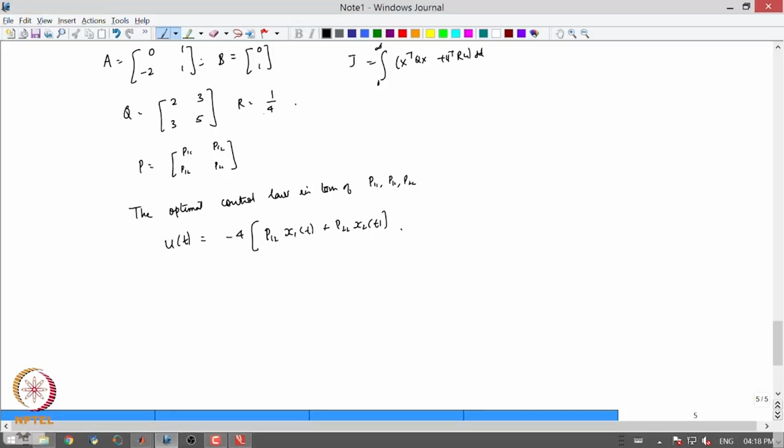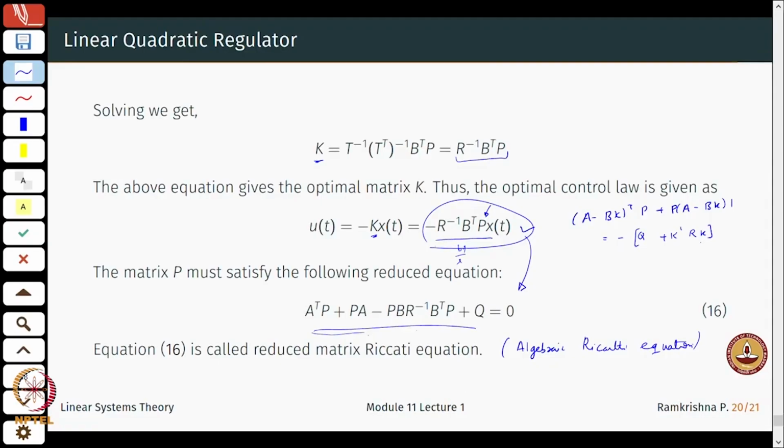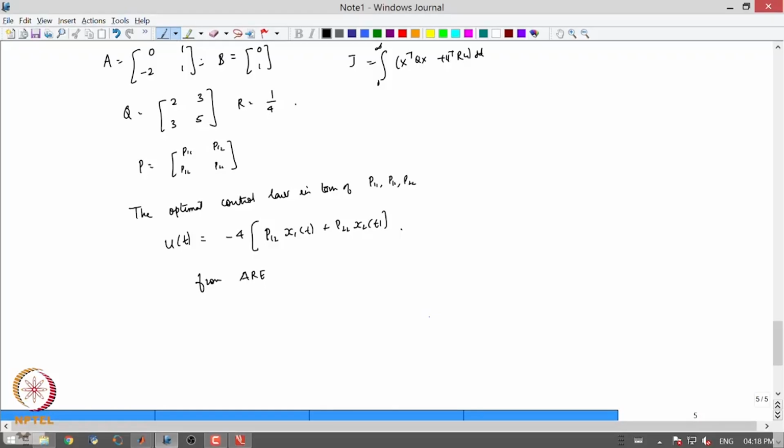I am given Q, I am given R, and from the Riccati equation, I'll skip all those computations, but substituting for A, B, R, and so on will give me the following things. I have 4 P12 square plus 4 P12 minus 2 equal to 0.